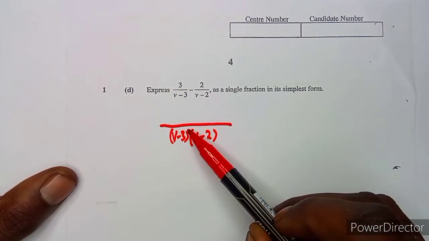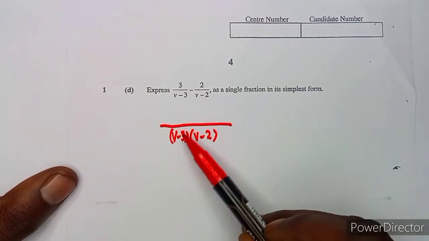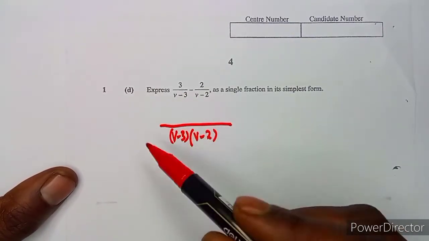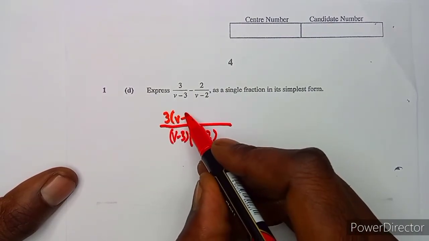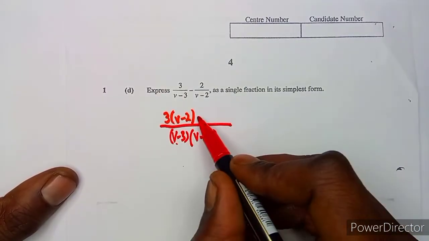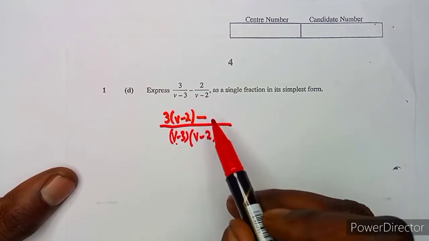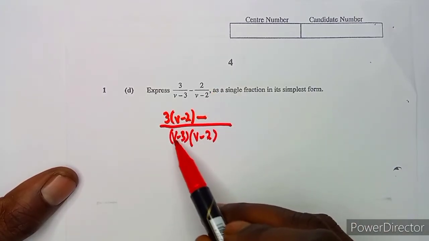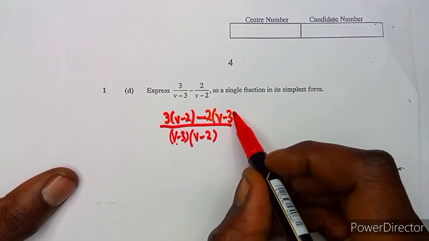So as you can see, v minus 3 and v minus 3 will cancel each other, but you don't cancel, you are just assuming cancelling these two brackets. So which means you'll be left with 3 times v minus 2, because these two have cancelled each other. Okay, minus, you divide again this LCD by v minus 2, v minus 2 cancel, which means you're going to be left with v minus 3. So it's minus 2 into v minus 3, just like that.